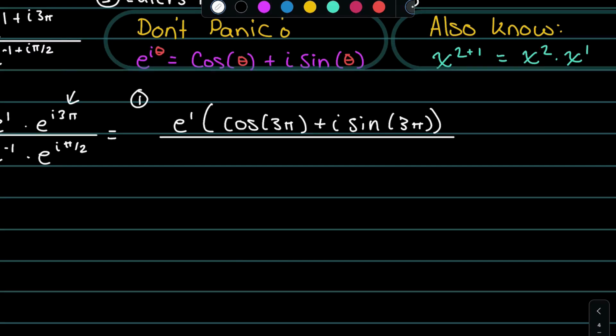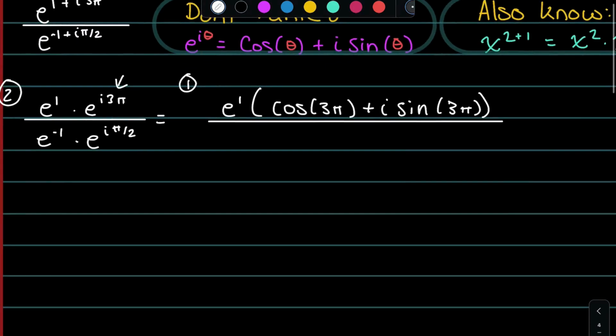Same for the denominator. We're going to do e to the negative 1. But when we break this up, remember, I just forgot, that this is actually negative 1 over 2 plus pi over 2, right? They share the same denominator.